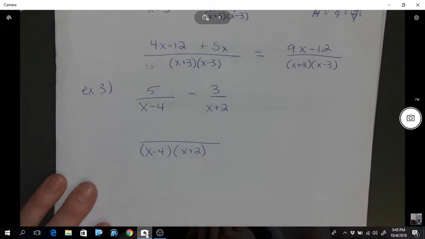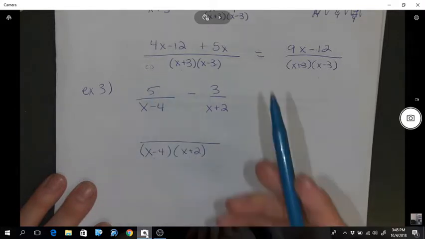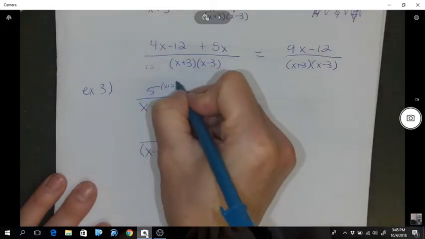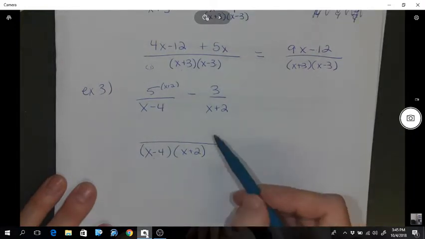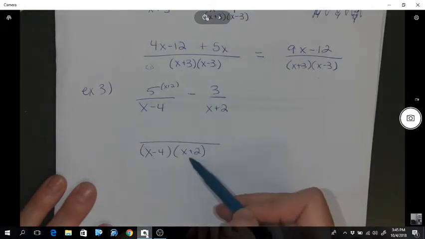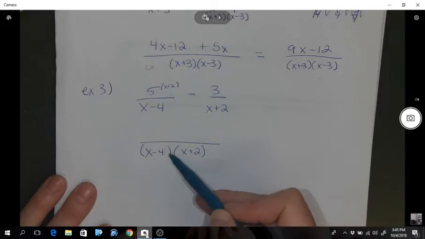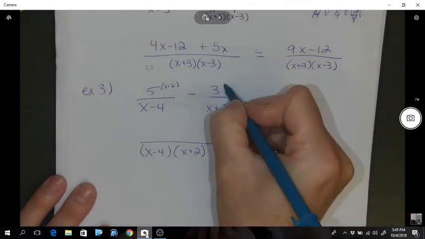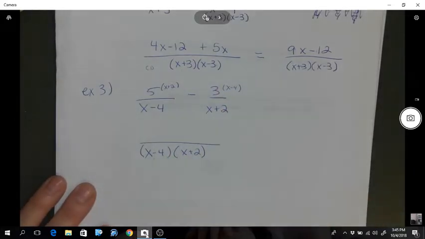Okay, so now I ask myself, what did I multiply this first fraction by on the bottom? It got multiplied by x plus 2, so I need to multiply the top by an x plus 2. Second fraction, it contains that, so I multiplied by that. So I therefore multiply the top.